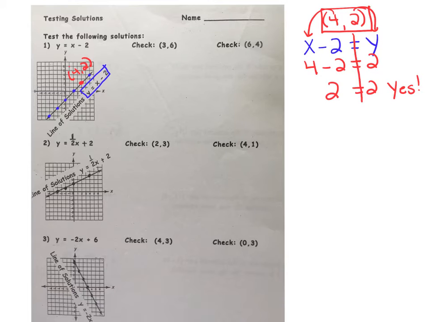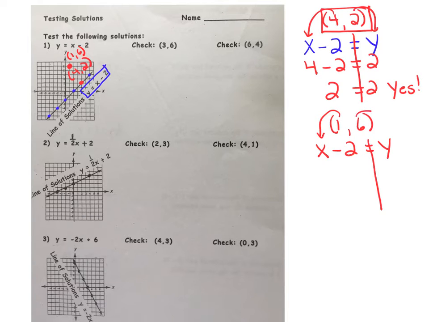Let's grab (1, 6). Clearly, it does not lie on the line of solutions. But let's test it. Remember, the relationship should be every x take away 2 will give us our y value, or our output value. Drop a solid line and let's test this point.